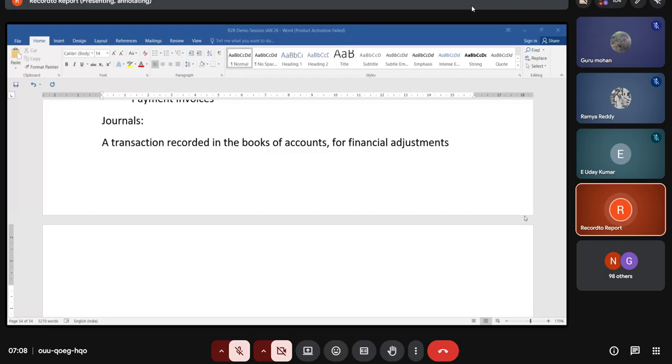A transaction that happens in day-to-day business for financial adjustments.